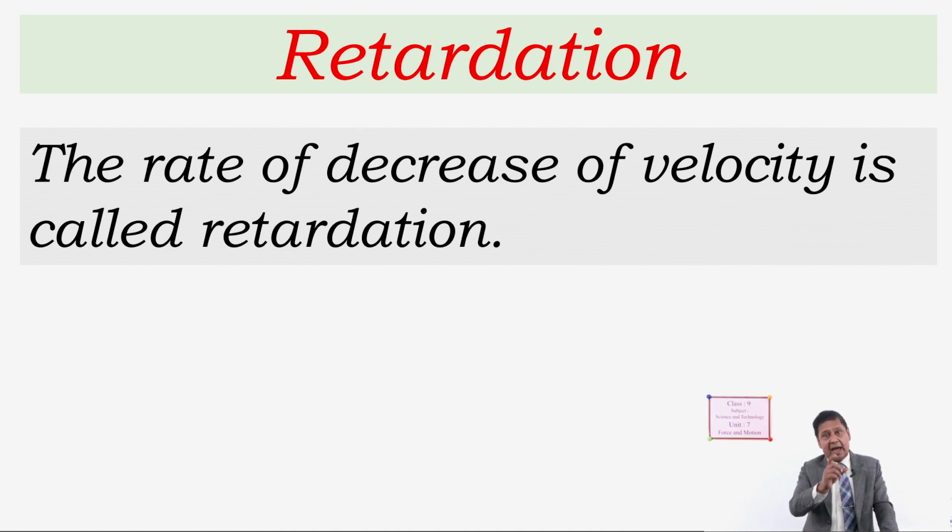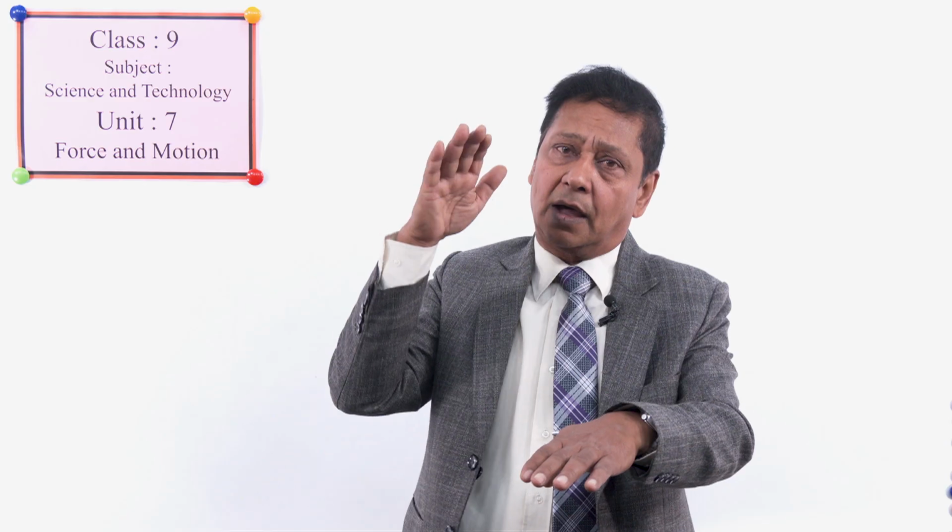Now, have you noticed when an aeroplane lands in the airport, then what happens? When its wheel touches the runway, every second its velocity goes on decreasing, and this is the example of retardation.